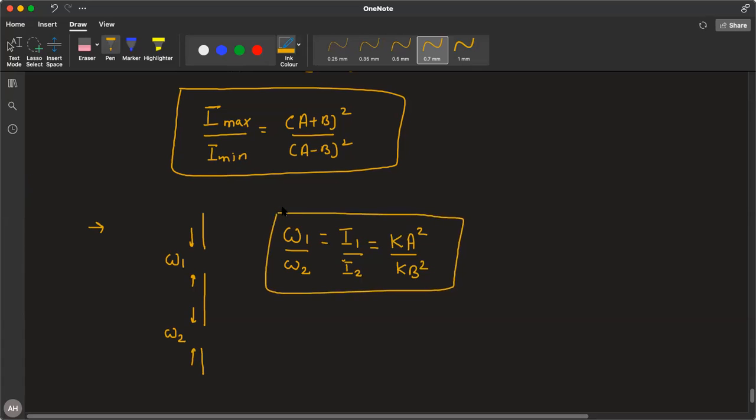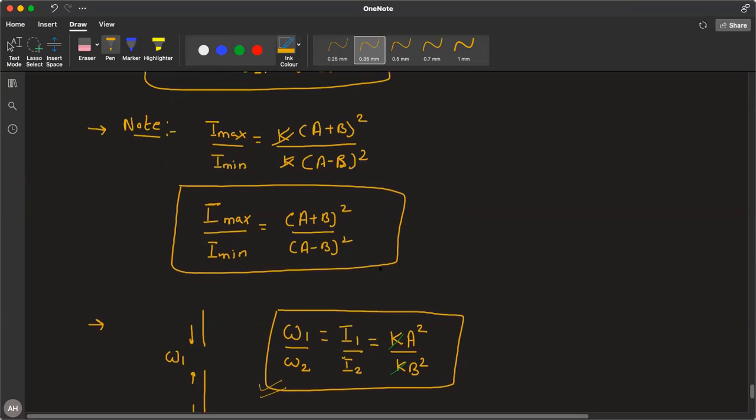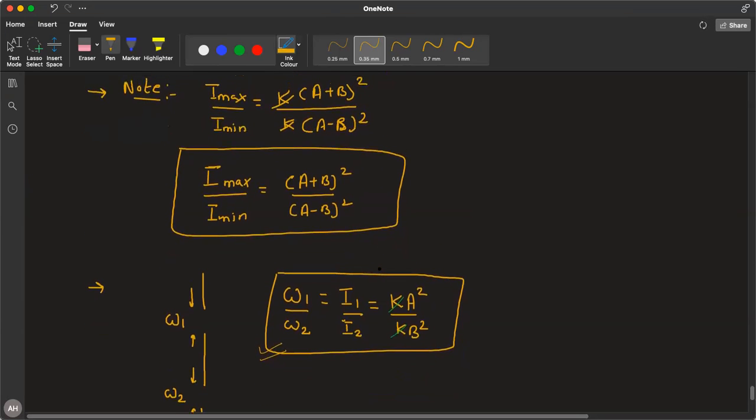So W1 by W2 is I1 by I2, which is K a square by K b square. The K will cancel, so it's a square by b square. You use this expression in many numericals. Instead of I1 by I2, it will give you W1 by W2. So if you know W1 by W2, that means you know the ratio of I1 and I2. Note it down. Let's do a few questions on this concept.